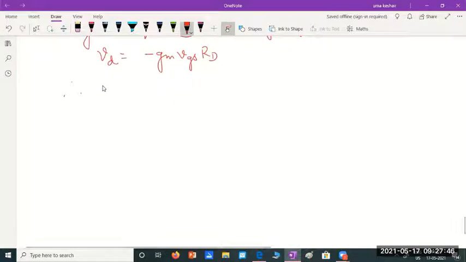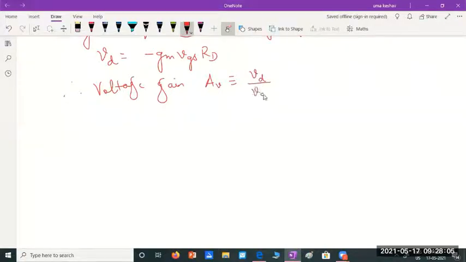Therefore, voltage gain AV is equivalent to what? Small signal drain voltage by small signal input. So this is output voltage, this is input voltage.